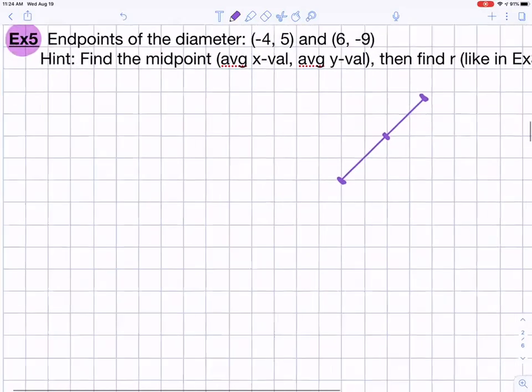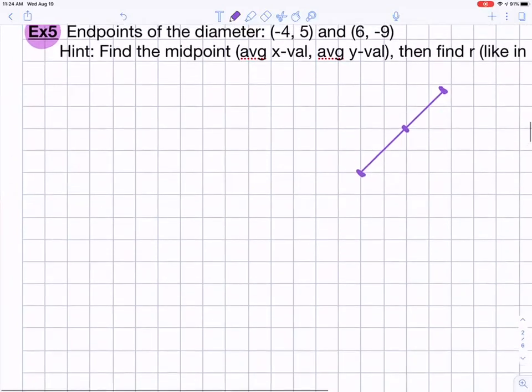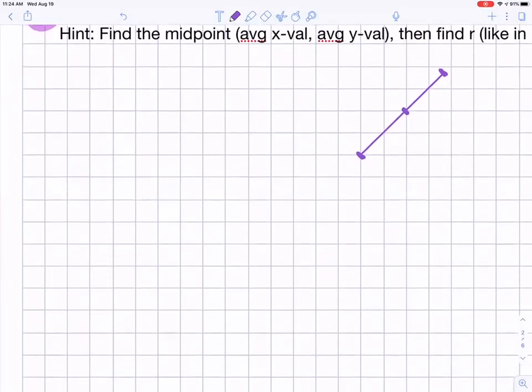And there I've given you an even further hint, and that is to get the average X value, the average Y value. Let me ask you something. Let's say that I've already given you 2 quizzes in class. I haven't, but let's say I have. And I said, can you please find the average of those quizzes? How do you find average? Add them together and divide by how many there are.